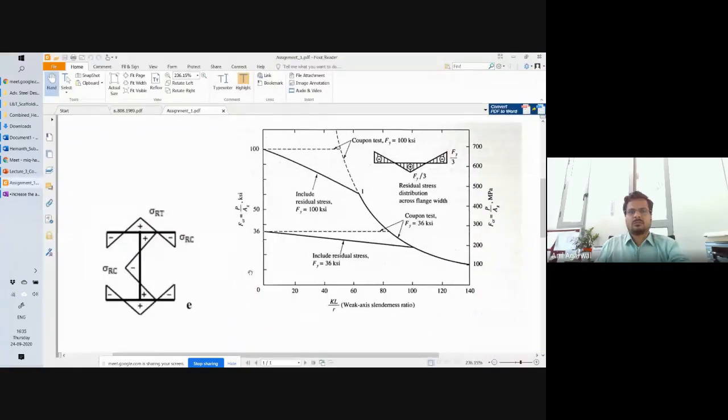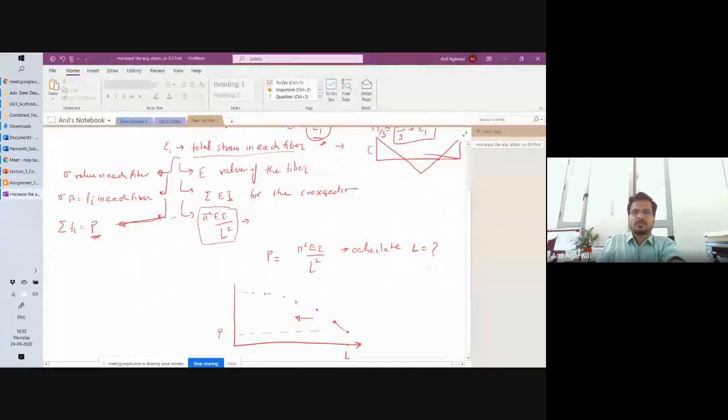Likewise, you need to develop the curve for minor axis bending. That is, when you calculate the sigma EI value, whether you consider IX or IY will play a role. For IX, you have to calculate RX square multiplied by A, depending on which neutral axis you are talking about.